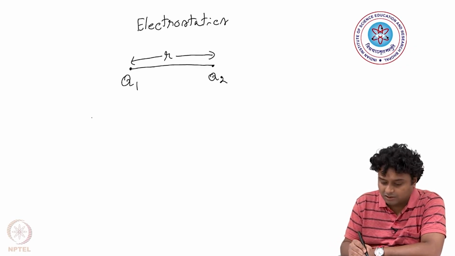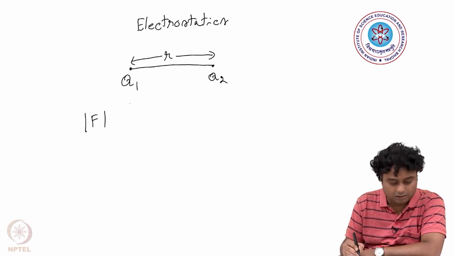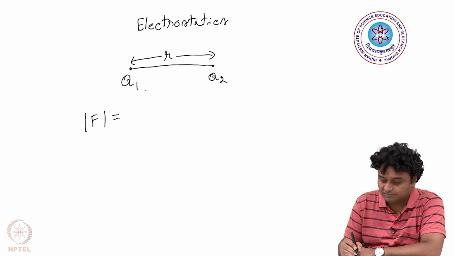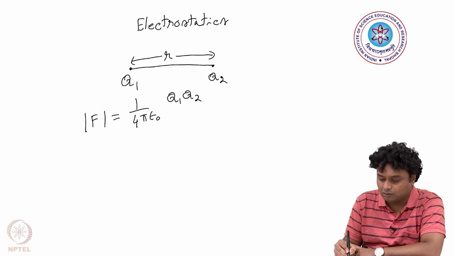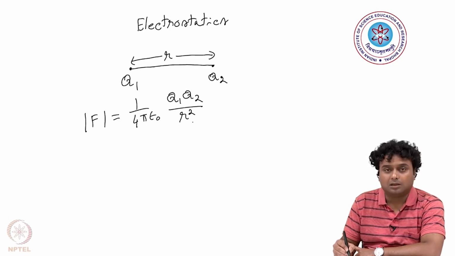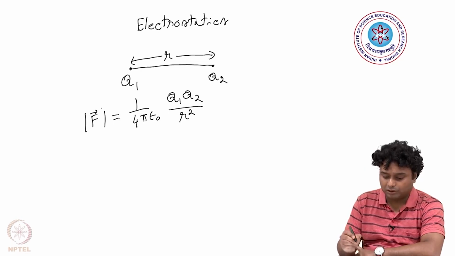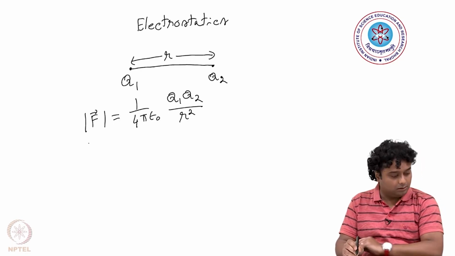Then what is the magnitude of the force that one charge exerts on the other? That is 1 by 4 pi epsilon naught into Q1 Q2 by r square, which you are already aware of. Note that we have mentioned the magnitude of the force; I am not writing any direction, just for simplicity.